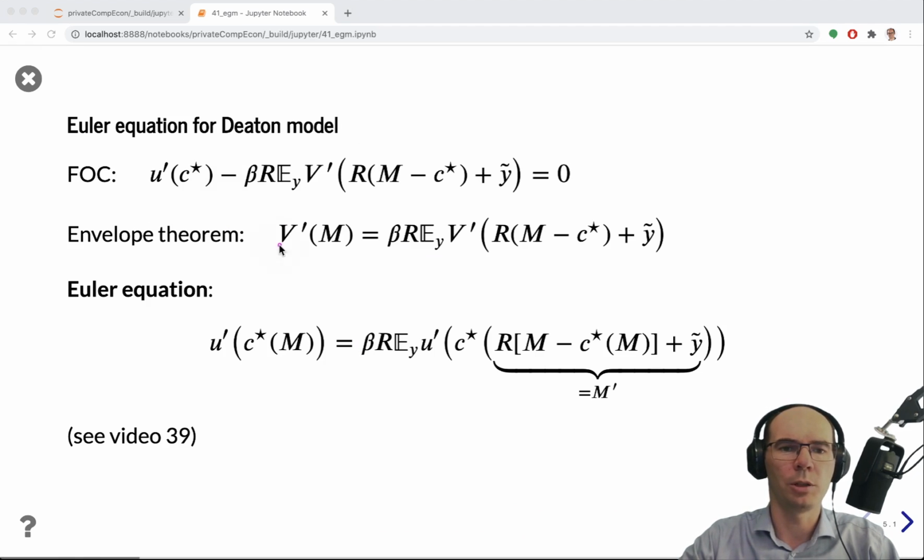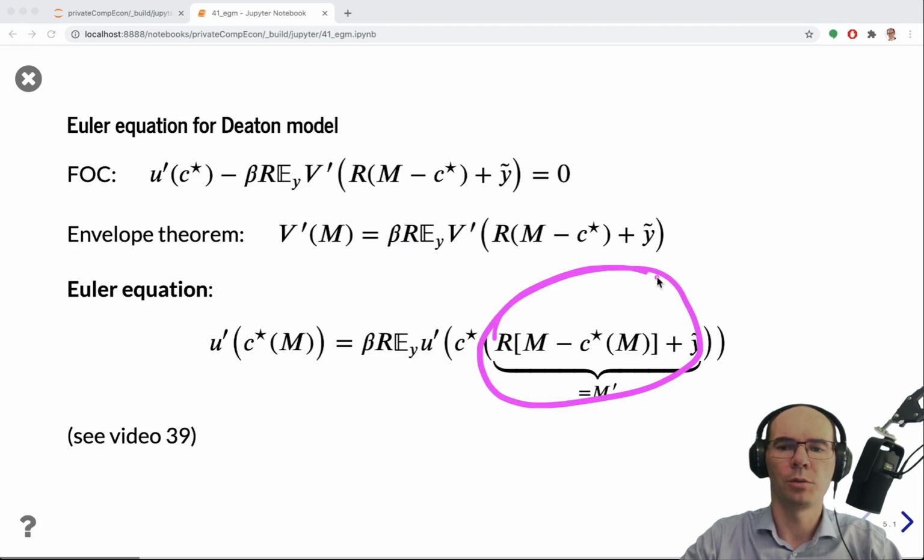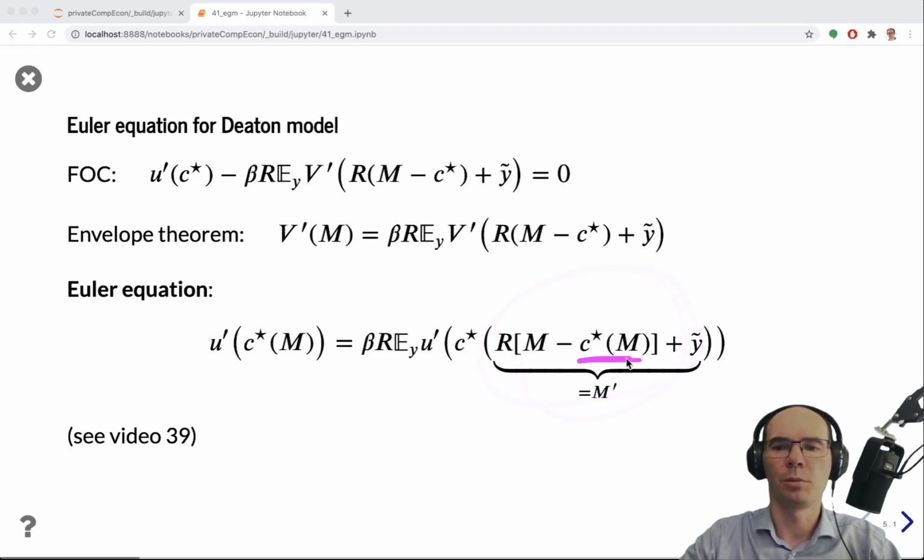And then we can plug this fact back into the first order conditions to get the Euler equation, right? Which essentially requires the marginal utility of the optimal consumption today to be equal to the appropriately discounted expected marginal utility of optimal consumption tomorrow, where the amount of wealth tomorrow results from the optimal consumption today as well.